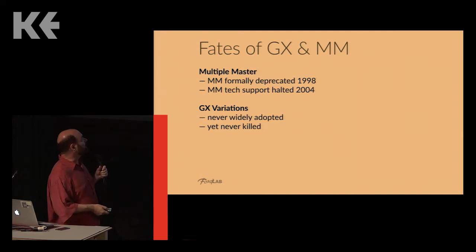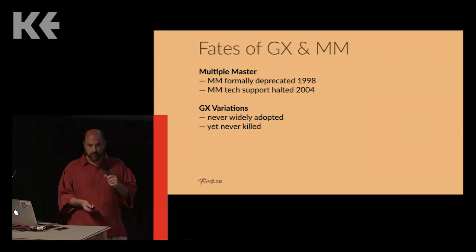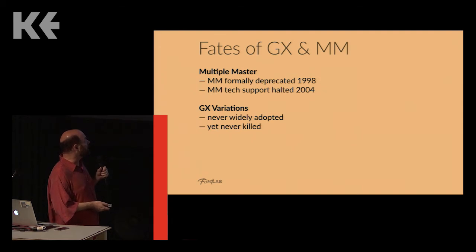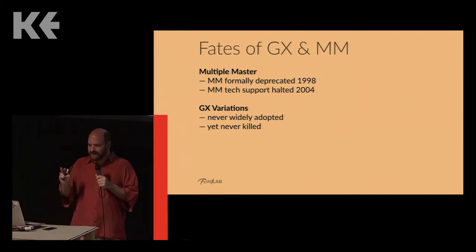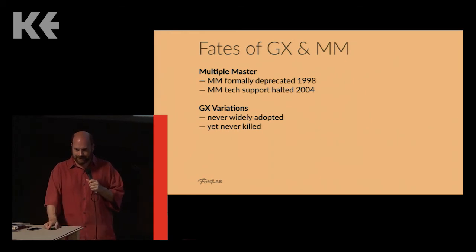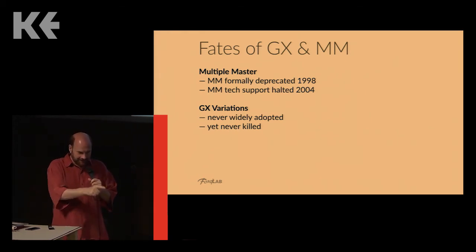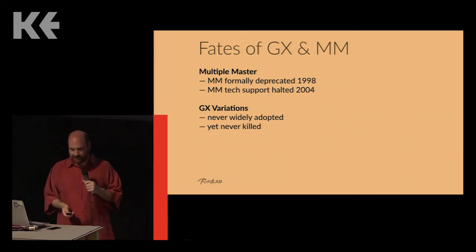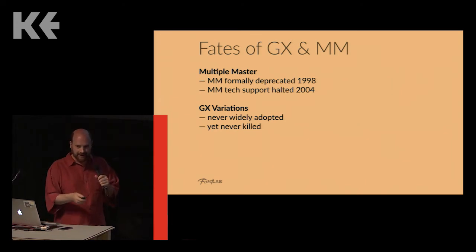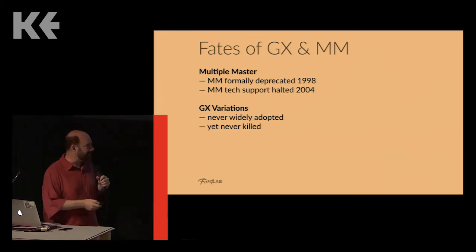So multiple master sort of started phasing out in '98, and support for it was stopped in 2004. GX Variations, never widely adopted, but never actually killed. There was never a point at which Apple actually took a stake and said, "You undead monster, you must die now," and pounded it through the heart of GX Variations. So it still has kept on all this time sort of undead, not alive, not entirely dead.